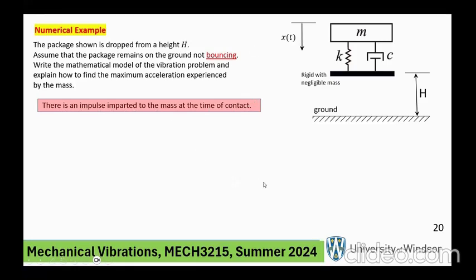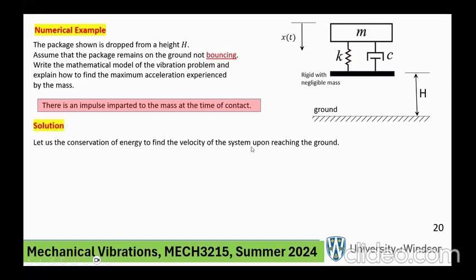First of all, if you have the gadget like that, it's dropped from the height h, it reaches the ground, and it reaches it with a velocity that we can find. So we convert potential energy, which is mgh, to kinetic energy, 1/2 mv squared. This is the standard thing that you do in your dynamics class.